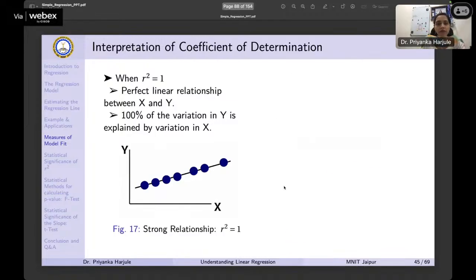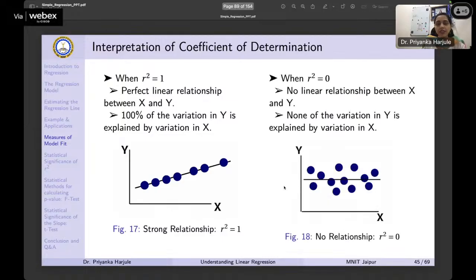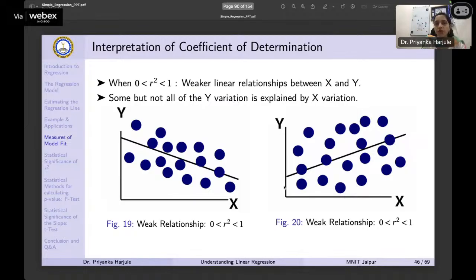Okay. So now we come to the r square values. If it is 1, then you have a perfect linear relation, as we saw. If it is 0, no linear relation. And if it lies between 0 and 1, you have a weaker linear relation. That means some but not all of your y variation is explained by the x variation, as we saw in the Excel example, in which we were predicting the house prices.